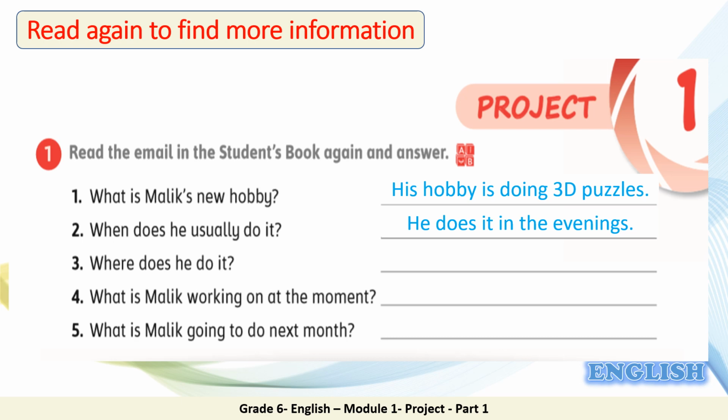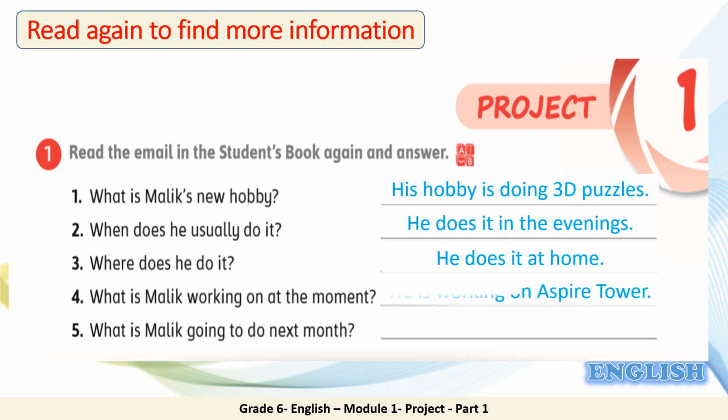And then number 3, where does he do it? He does it at home. Remember the place? Very good. And then number 4, what is Malik working on at the moment? He is working on a spire tower.